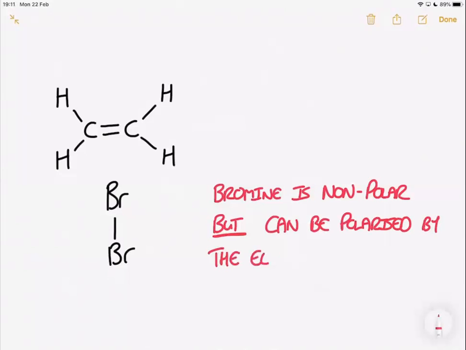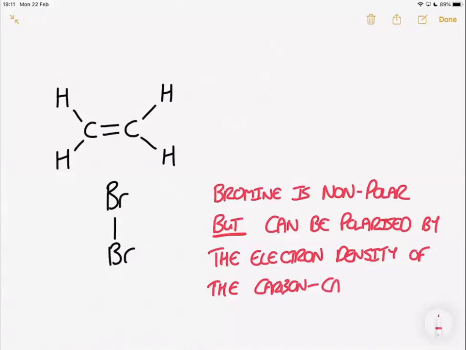It can actually be polarized by the electron density of the carbon-carbon double bond.